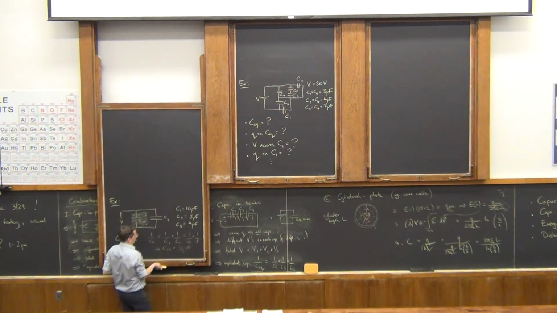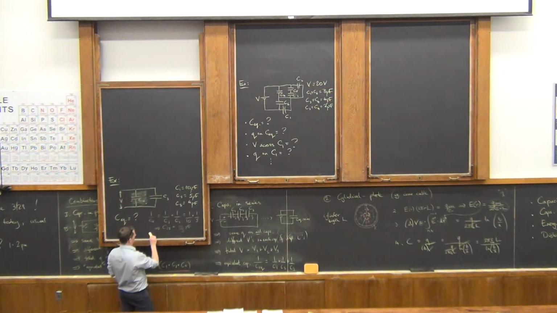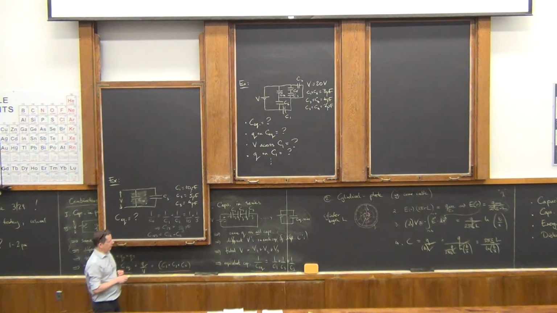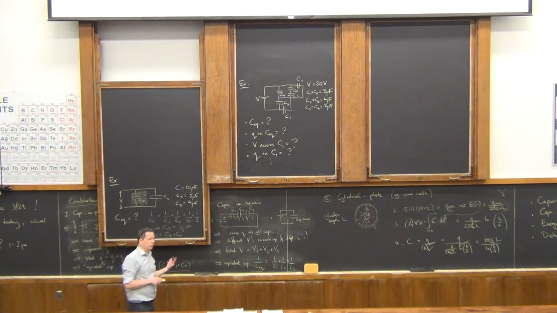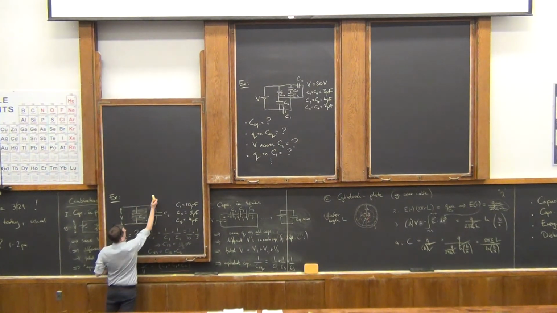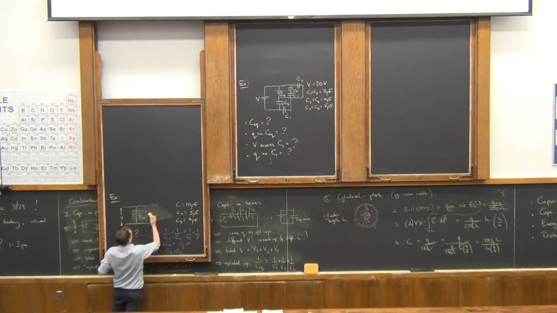And again, my notation here might be something like the following: C1, 2, 3. Since these are in parallel, I'm going to add them in straight summation: C1, 2 plus C3. And we obviously have values here that I can simply plug in, and I get a total equivalent capacitance. And again, eventually, I might visually simplify my life by making it look like this.